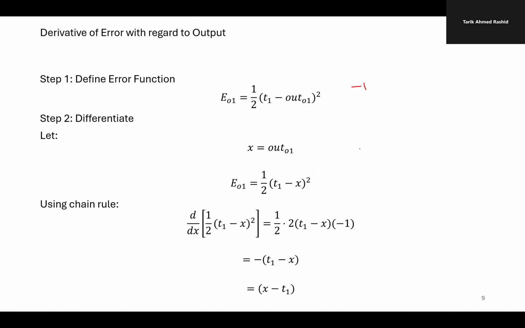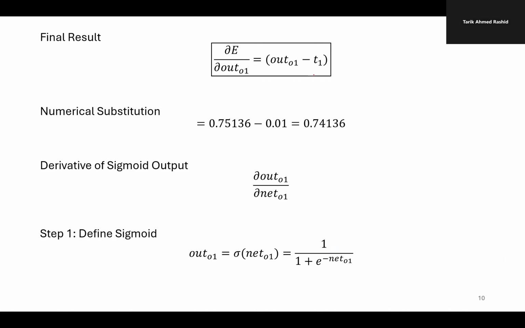So -1 multiplied by t1 minus out. So that's the result. We found it. And the sign will multiply to become x minus t. X is the out, out one in general. Now that we found the first term, and we put the values of T1 and out 1, we'll find the value of delta E over delta out 1.